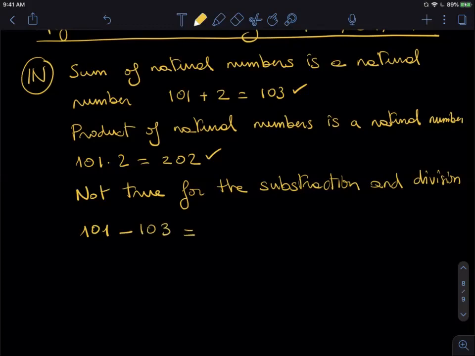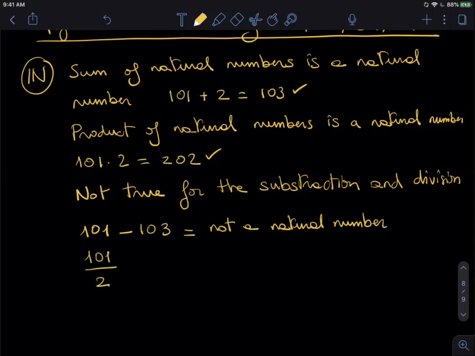In this case, what do I get? Well, if you're thinking -2, that's not a natural number. So we fall outside of the set of natural numbers, so we cannot actually do the difference in every case. And the same is true for 101 divided by 2.